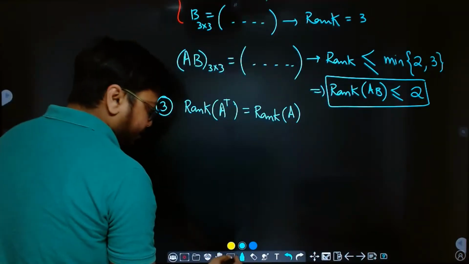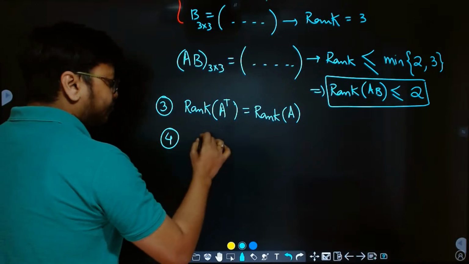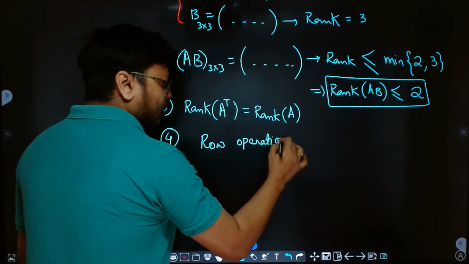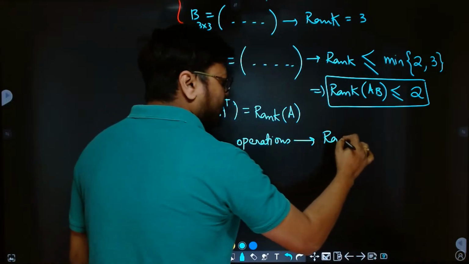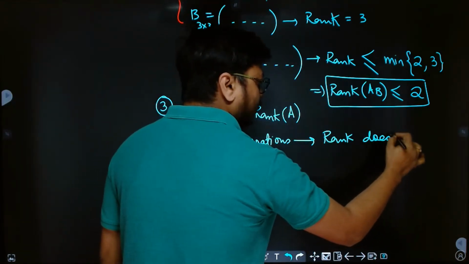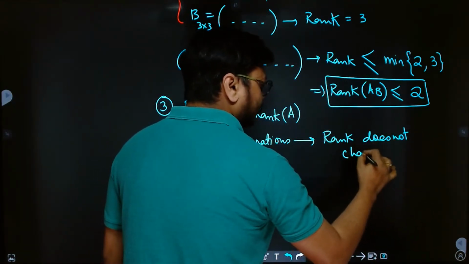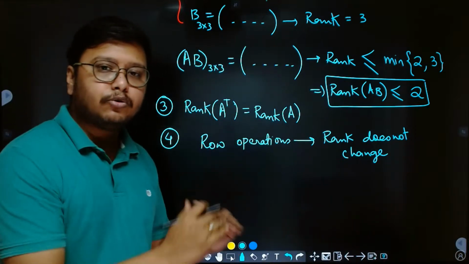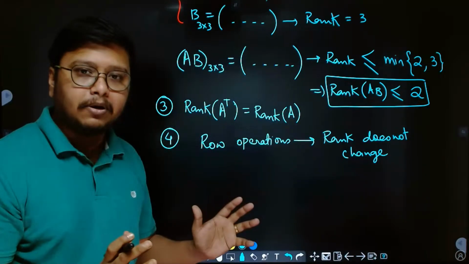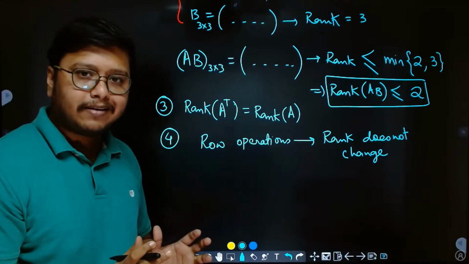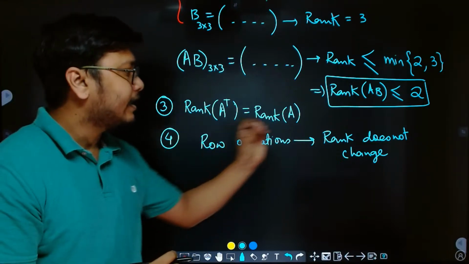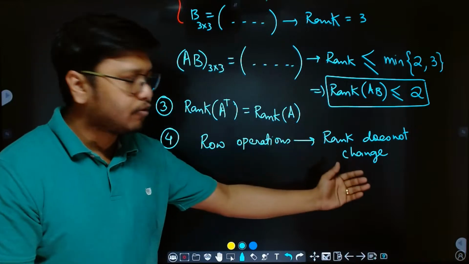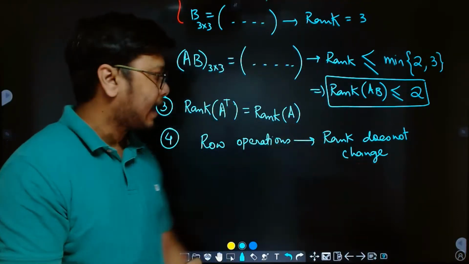Property number 4, if you do some row operations, rank does not change. So any row operations you do to make the matrix simpler, or you want to reduce the matrix to a more simplified version, rank never changes. Original matrix, whatever the rank is, after row operations, same rank.